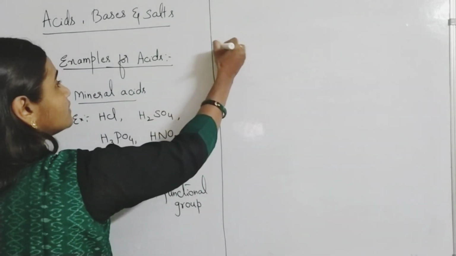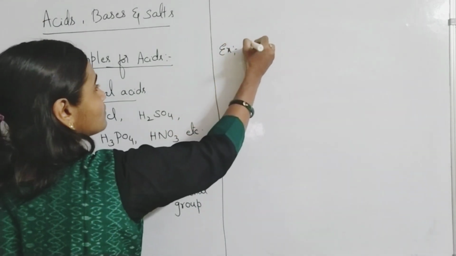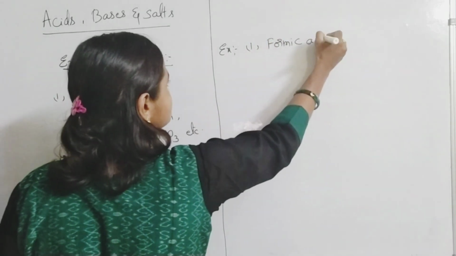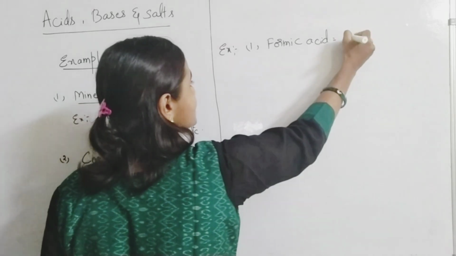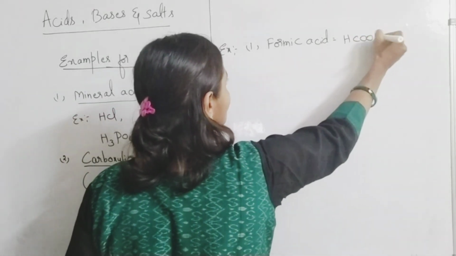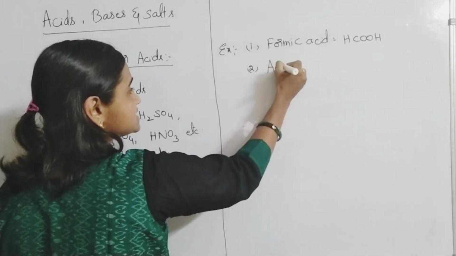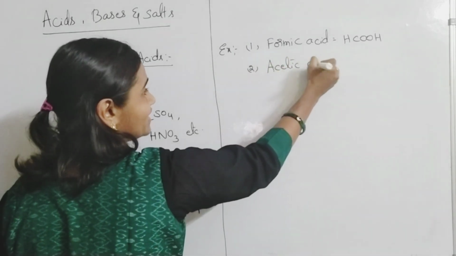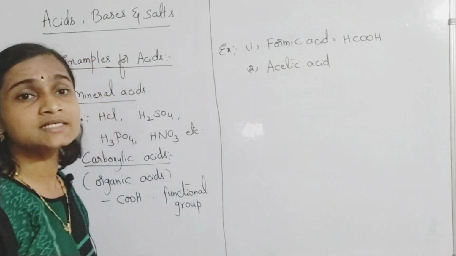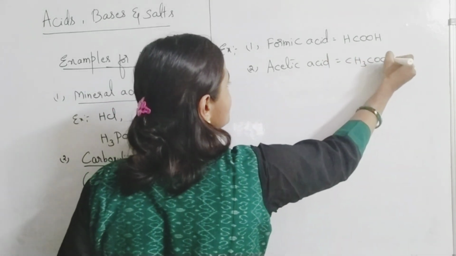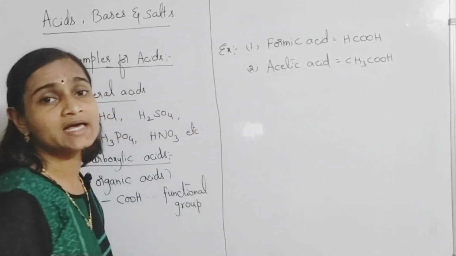Examples of organic acids are formic acid, HCOOH, and acetic acid, which in other words you call vinegar. Acetic acid, CH3COOH, can also be called ethanoic acid.